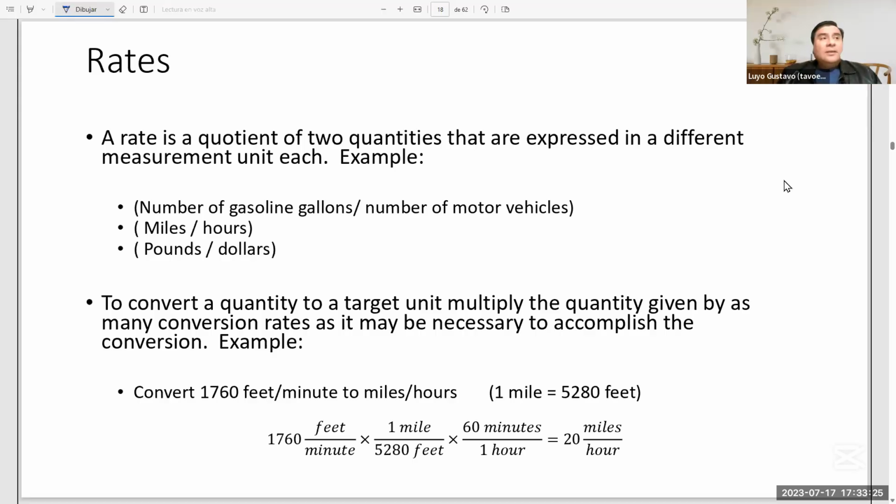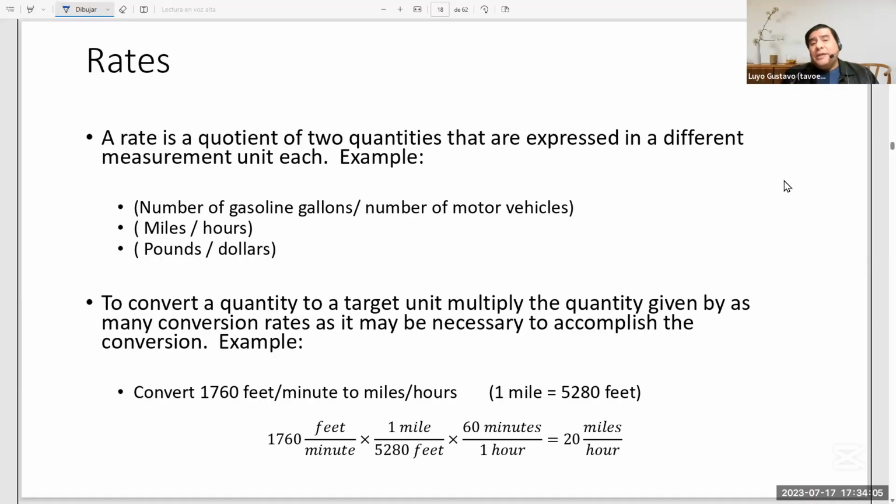For example, if I have this relationship of two variables in a problem, for example, the number of gasoline gallons versus the number of motor vehicles in some country or city, for example, the number of gasoline gallons consumed divided by the number of motor vehicles in a city, that is a rate. Or for example, the number of miles that a car can travel per hour, miles over hours.